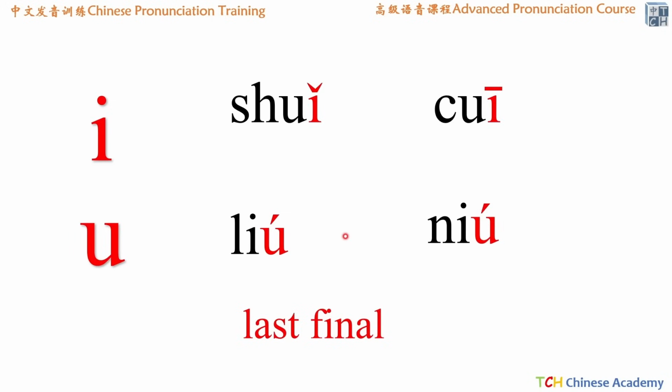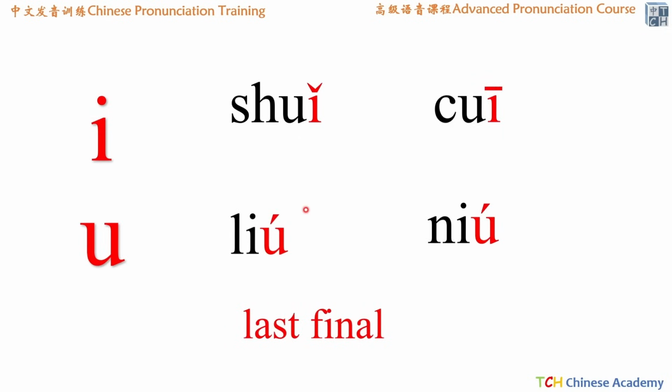And another thing we need to pay attention to: look at this, the e sound, where we have a dot on the top. But when it has the tone mark, the dot is gone and replaced by the tone mark. So don't write the dot and then the tone mark. That's too much. Simply write the tone mark without the dot.